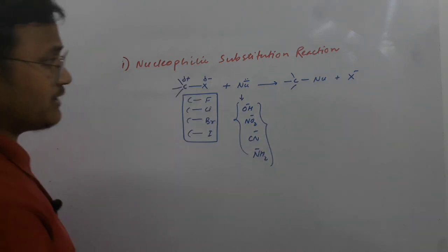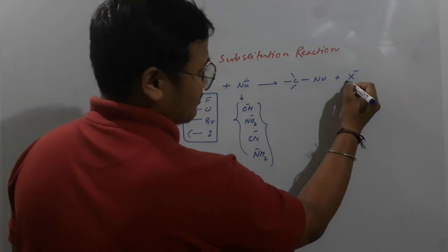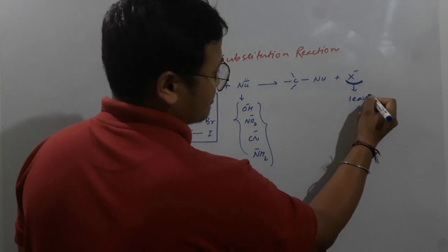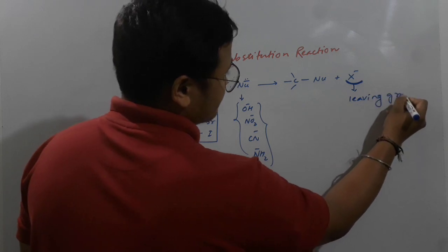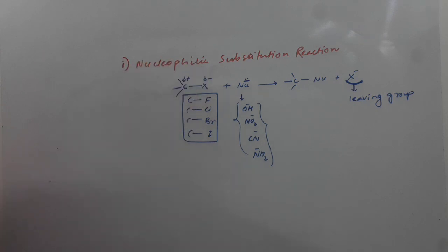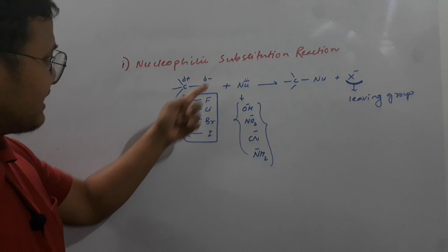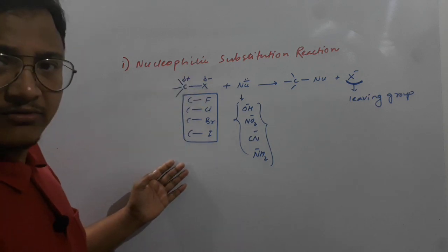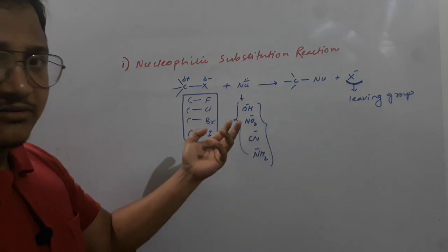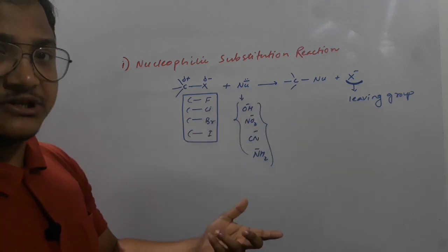In this nucleophilic substitution reaction, these halogens are also known as leaving groups, as they are leaving from their respective compound. So we can take any one of these alkyl halide compounds and react it with any source of nucleophile, not only OH.